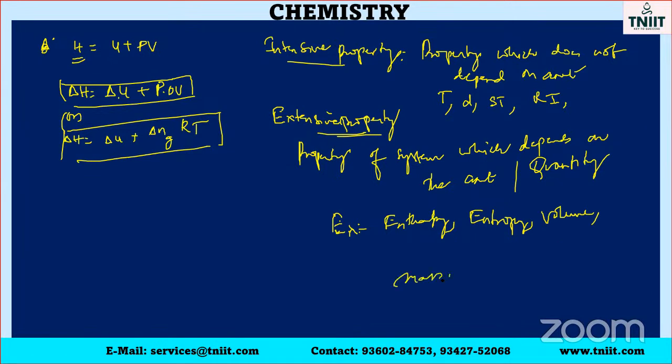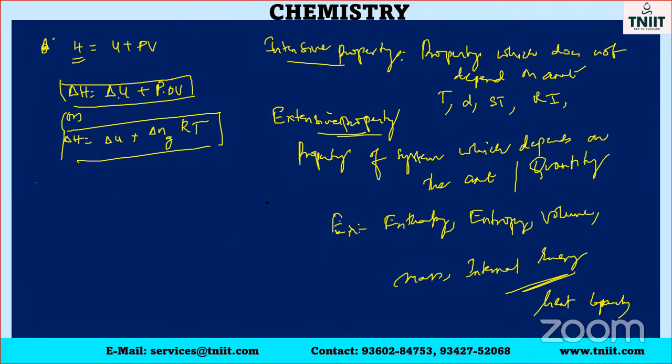Mass is an example for extensive property. So, internal energy is also an example for extensive property. Heat capacity is also an example for extensive property. So intensive property means a property of a system which does not depend on the amount, and extensive property means a property of a system which depends upon the amount.